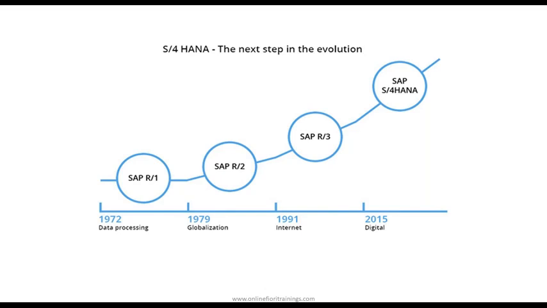After 1991, SAP introduced SAP R3, which we call the three-tier architecture, which has presentation, application, and database layers. And finally, towards the journey of an intelligent and digital enterprise, from 2015 onwards, SAP has introduced its new product called SAP S4 HANA.